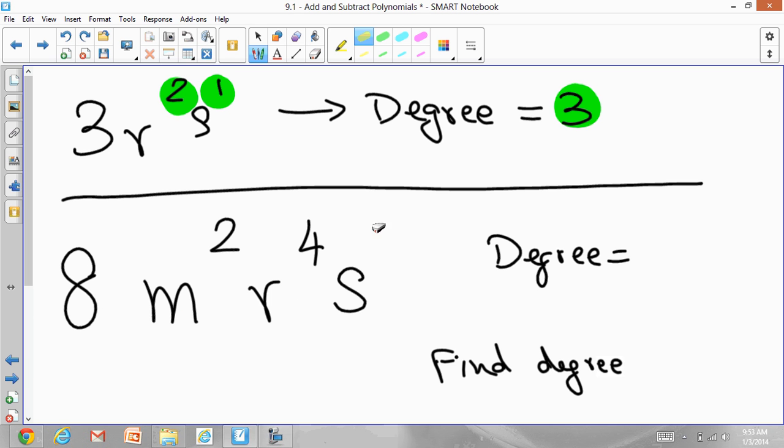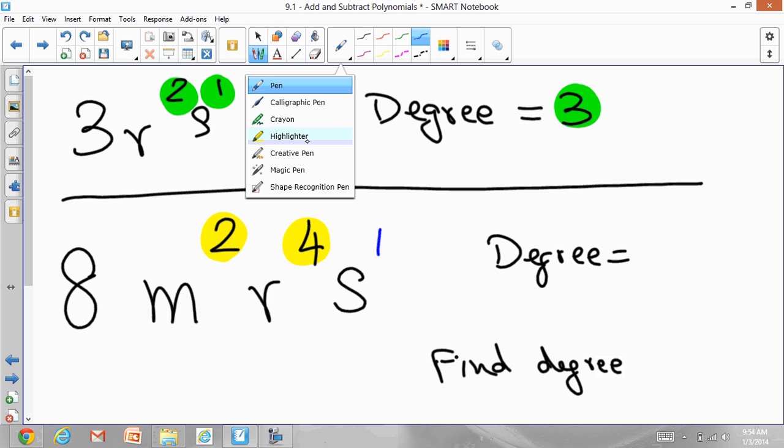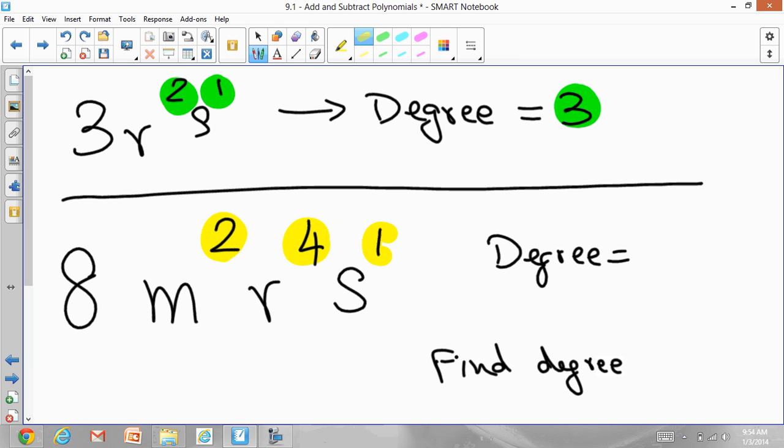So you need a monomial to find the degree. s also gets a power of 1. So the degree in this case is: m is a 2, r is a 4, s is a 1. You combine them all together. 2 plus 4 is 6, 6 plus 1 is 7. So the degree becomes 7. It is a little tricky to understand, so you might want to rewatch it and understand this concept.